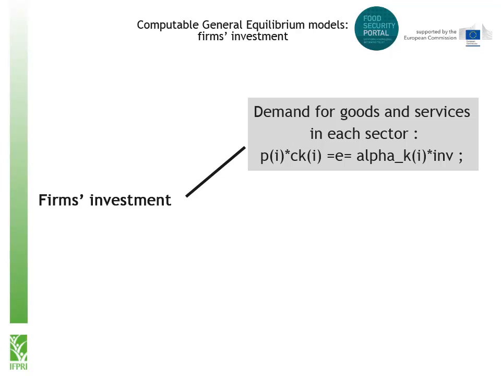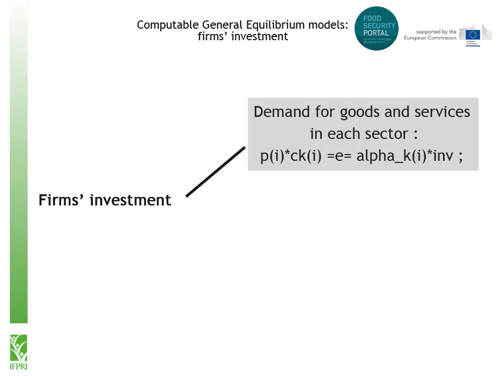So it's the total purchase of goods and services for investment reasons at the level of the economy. Now, for each sector, what we are going to suppose is that there is a constant distribution in value. So in fact, behind that we have a Cobb-Douglas.